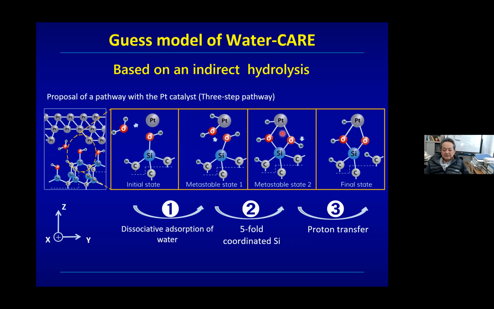And this kind of hypervalent situation was expected. And in this case, the back bond becomes weakened, and the back bond could be broken by proton transfer from here to here. This is our guess model for the water CARE.